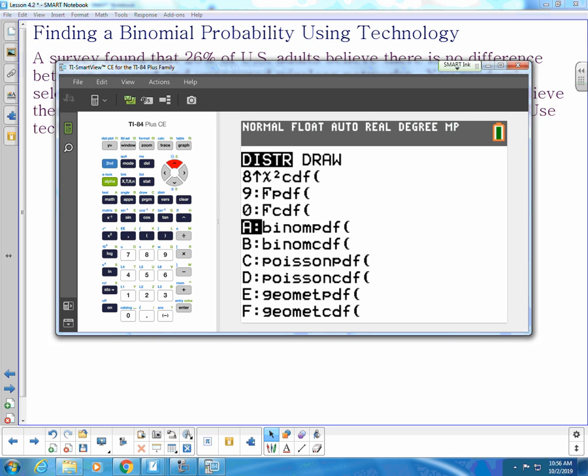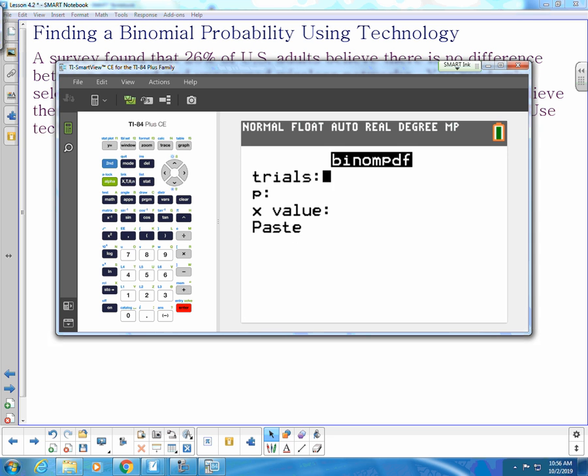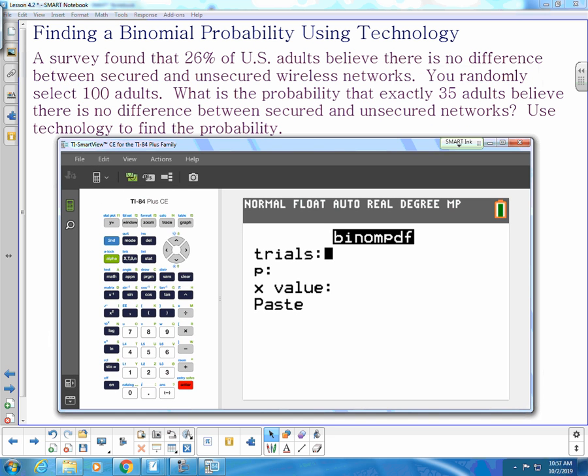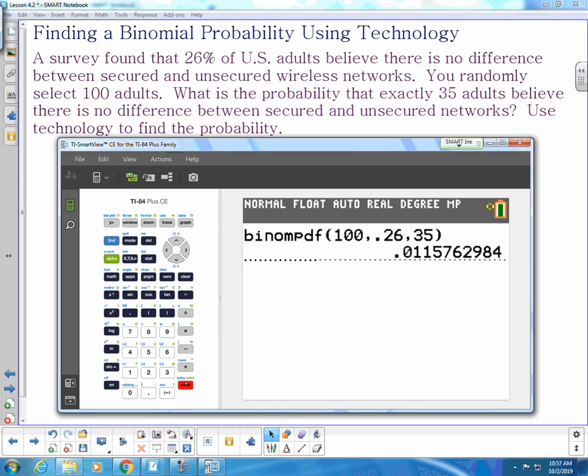Binomial probability distribution, so you want that guy, which is A. Number of trials is 100. Probability of success is 0.26. X value, what do we want it to be? 35. So seriously, it takes almost as much time to get to that and type that in as it is to type in the formula.